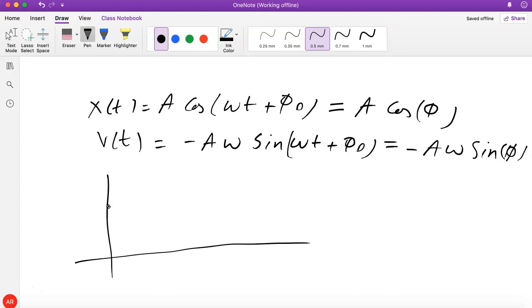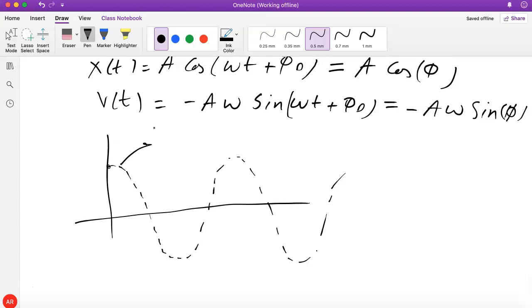So x looks like cosine, something like this, and let's say that's x. V looks like minus sine, right? There's a negative number in front of a sine, so it will look like that. It's the derivative of this. So here it becomes 0 again, right?